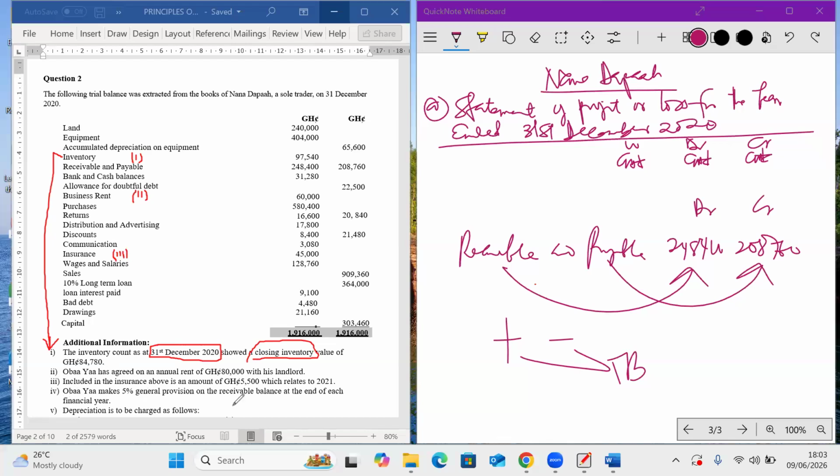IV, Obaya makes 5% general provision on the receivable balance at the end of each financial year. We have what is called specific provision and general provision.